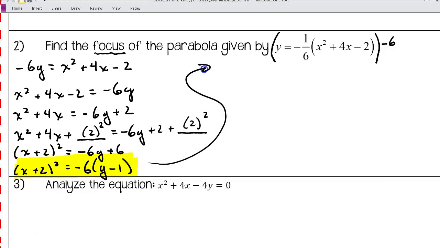So we're going to come over to here. So my vertex is -2, 1. And I also see that my x is squared, which means it's going to open up or down.